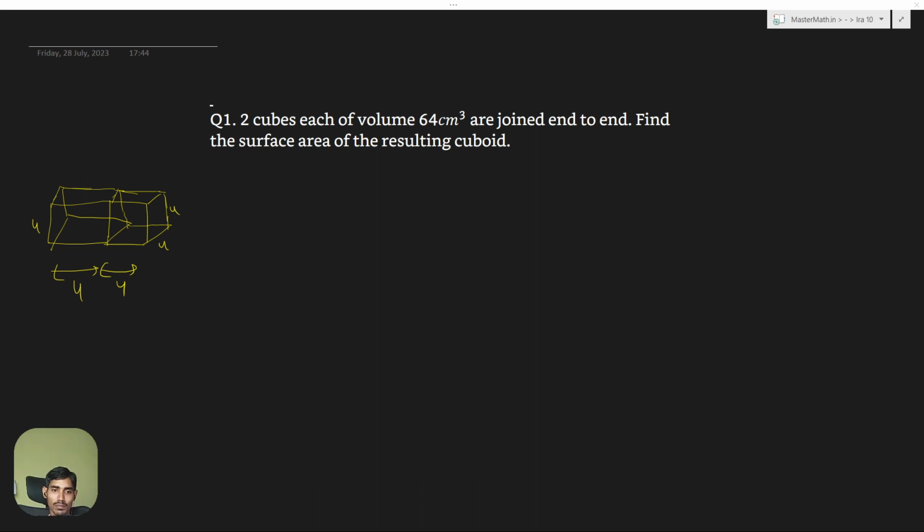Then the surface area of the cuboid. The length would be eight, breadth would be four, and height would be four.